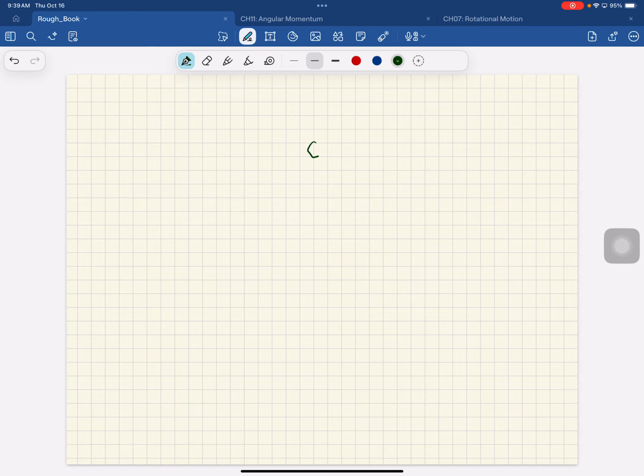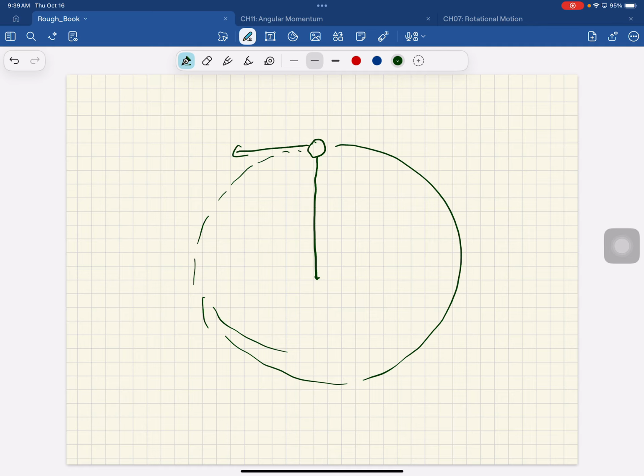So let's tie a ball to a string. Let's whirl the ball around in a circle. Now you know that the ball, when it's going in a circle, is it accelerating? Yes, it is, because you need a centripetal force.